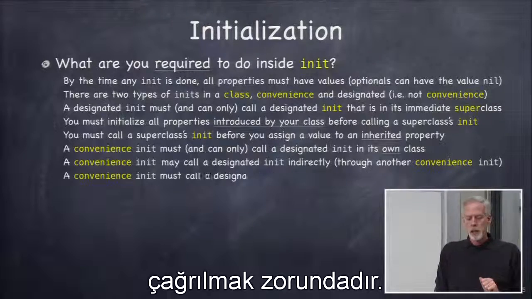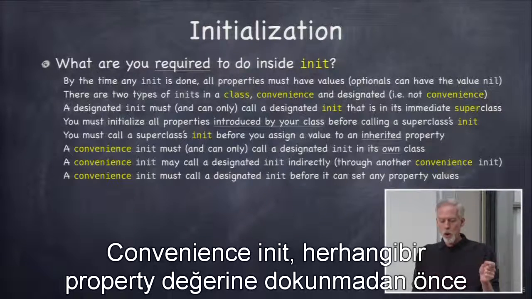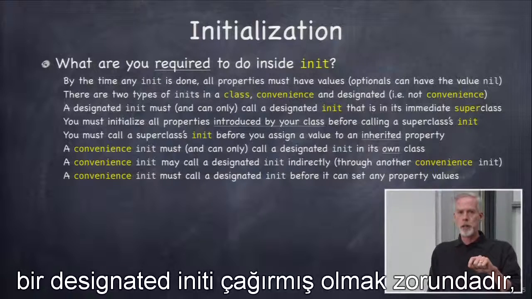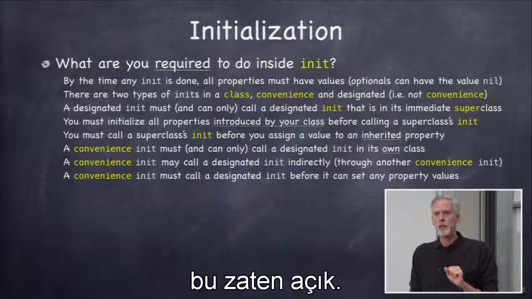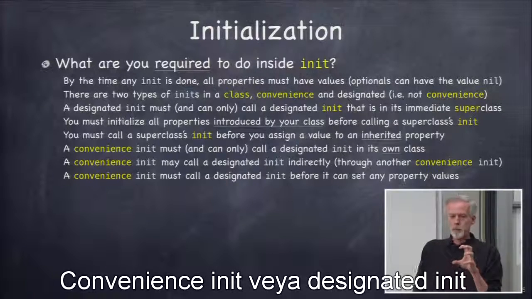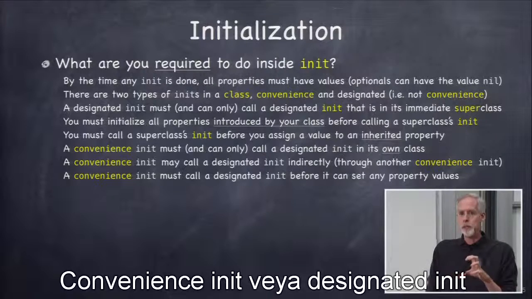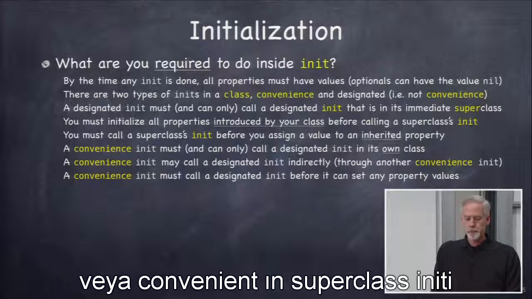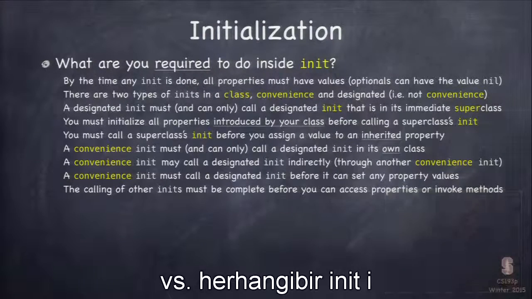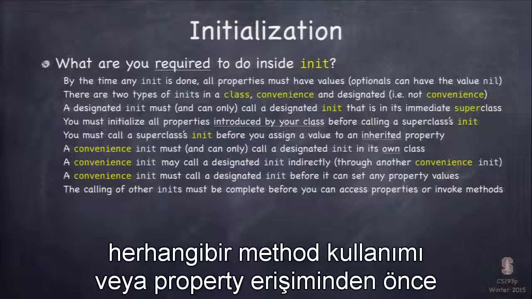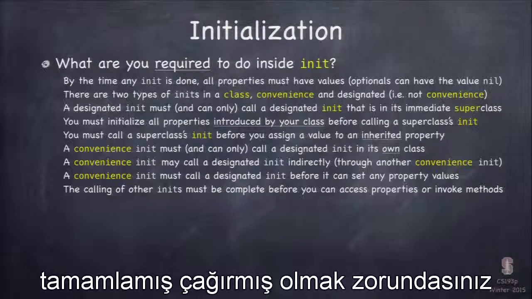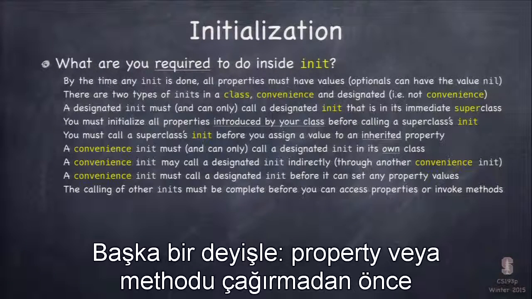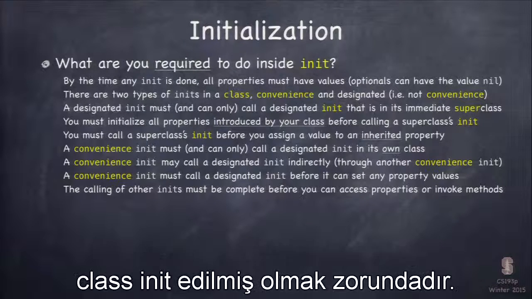A convenience initializer must call that designated initializer, directly or indirectly, before it can touch any values, obviously. You have to get your object primarily initialized before the convenience initializer can start hacking at properties. The calling of other inits, whether you're a convenience initializer calling your designated one, or a designated one calling up to your super's designated one, has to be complete before you can start accessing your properties and methods. In other words, the class has to be initialized before you can start calling methods and properties.